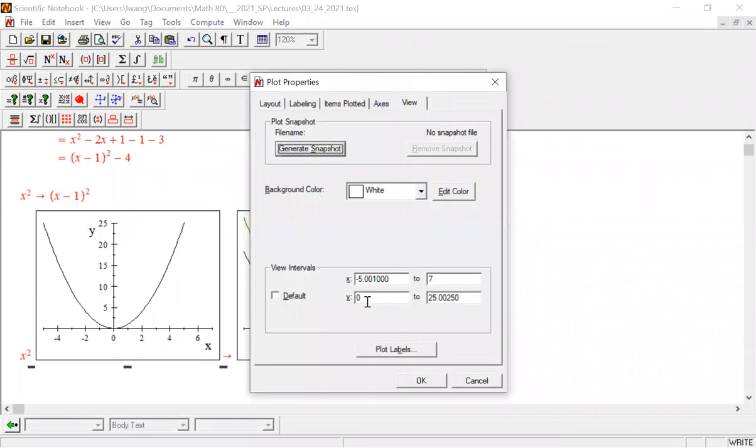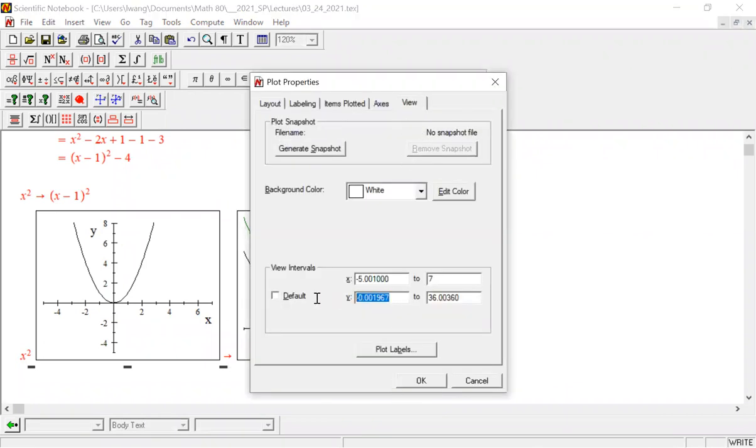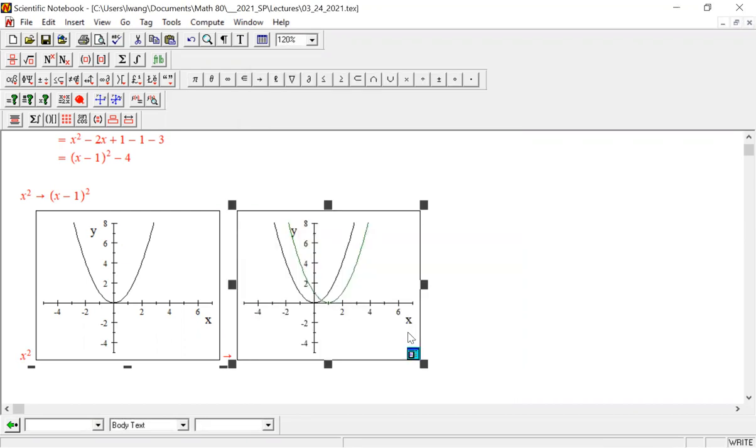Let me make this adjustment so I hope this is better. You see that horizontal shift, right? From x squared to x minus 1 squared.